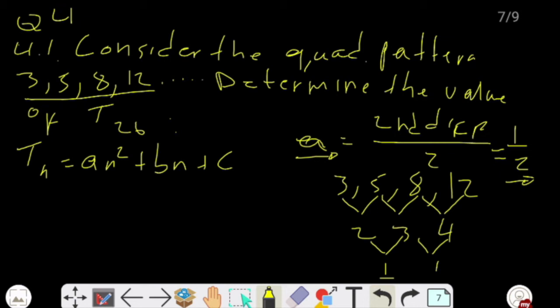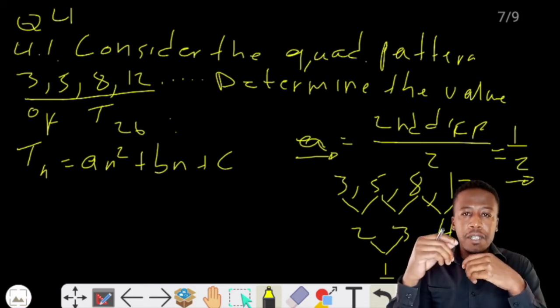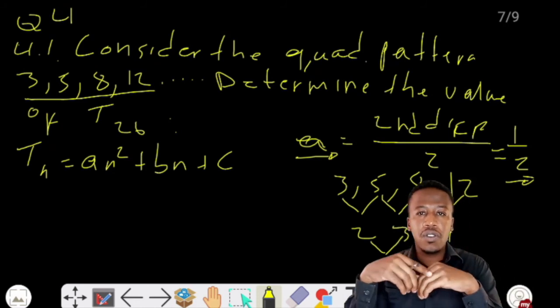In order for us to find the 26th term, remember, we have a formula for everything, to actually make life a bit easier for us. In that formula, there are variables that are unknown and that you need to solve.